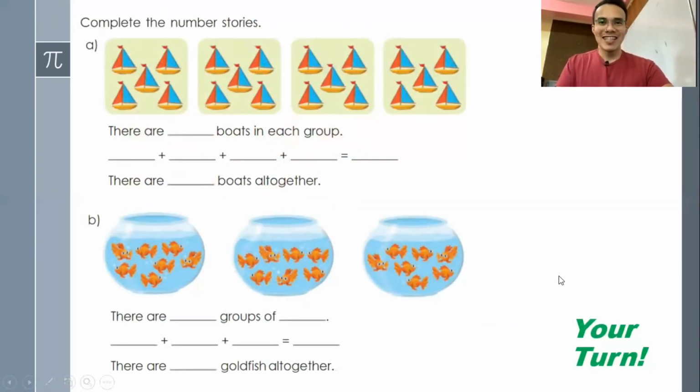Now, let's see if you have understood what I have just discussed. I'm giving you time to do this, and your time starts now.